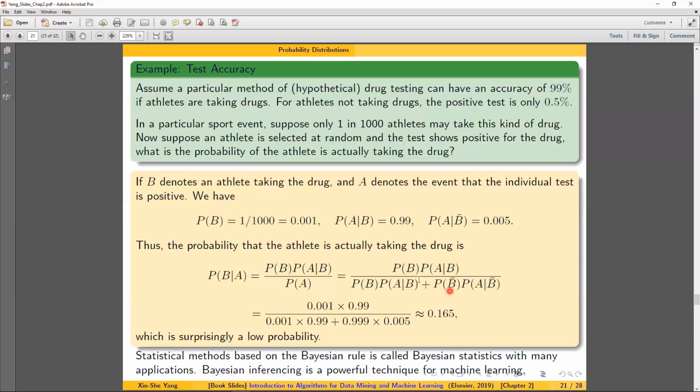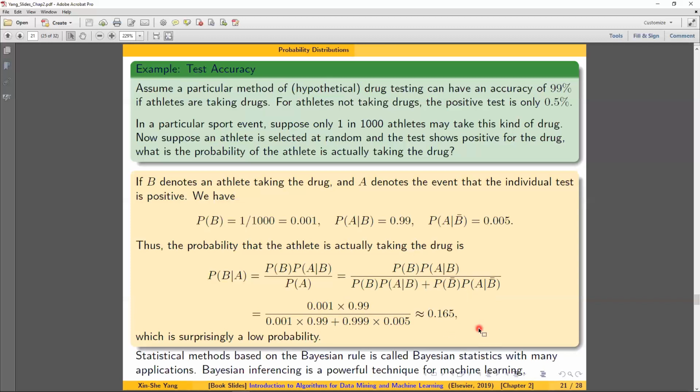We know P(B), we know P(A given B), and we also know P(A given B complement). How about P(B complement)? P(B complement) is 1 minus P(B), which is 1 minus 0.001, which is 0.999. Once you put all those numbers in and do the calculation, it's around 0.165.